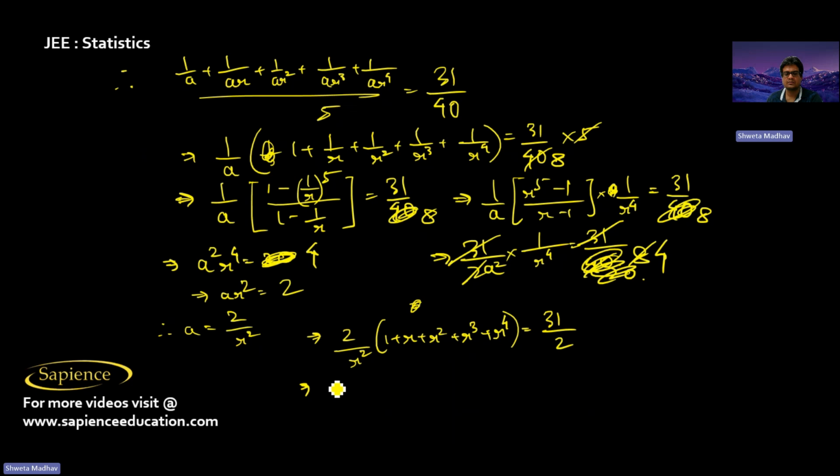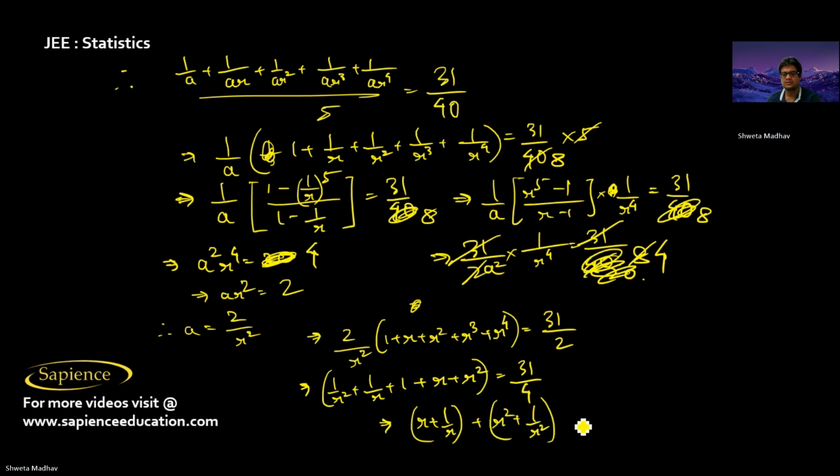So this will be 1 by r square plus 1 by r plus 1 plus r square, that will be equal to 31 by 4. And now it means r plus 1 by r plus r square plus 1 by r square, that is equal to 31 by 4 minus 1.